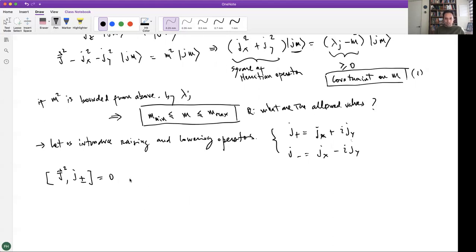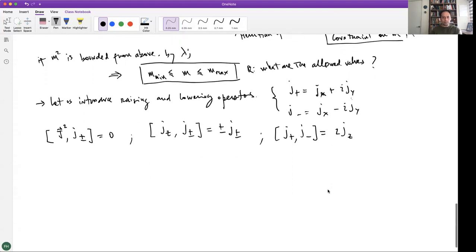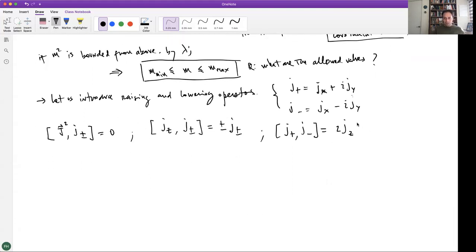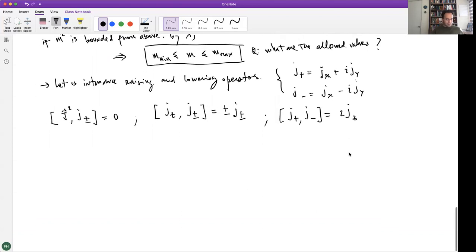You also have that Jz doesn't commute with the raising and lowering operators because it doesn't commute with the components x and y. But it's going to be given by this, basically the commutator, and the raising and lowering operators themselves do not commute, but instead they give you something that's proportional to Jz, again because of cyclic commutation relations.